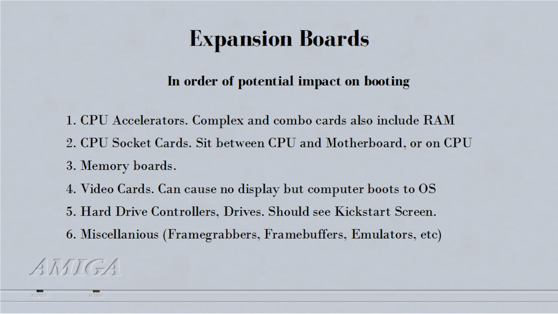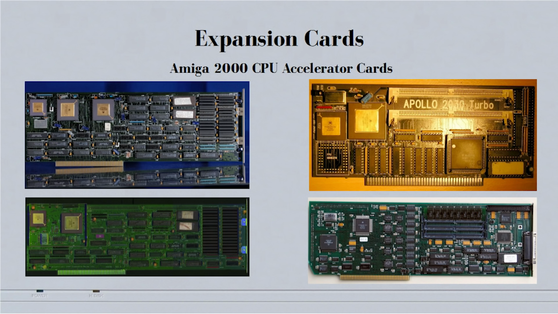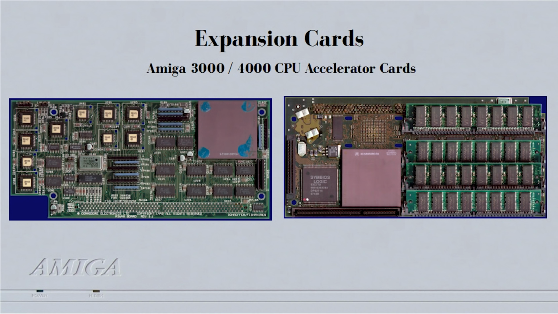So, you've got an Amiga, it doesn't boot. You've opened it up, especially if it's a big one. What could the problem be? The first thing, of course, is to pull out cards that are in there. I've ranked what I've seen as the most likely cards to cause issues, with CPU accelerators being the top one, because obviously you have a card in there with a different CPU.